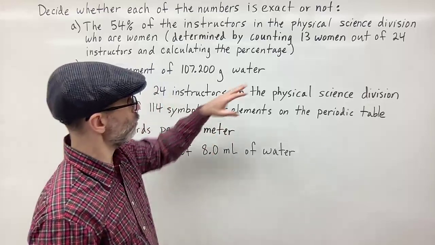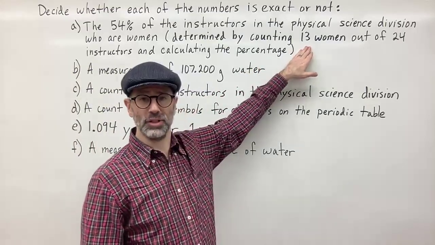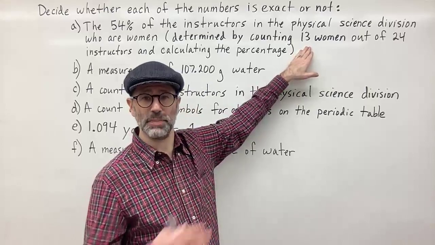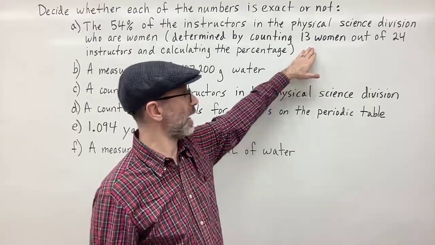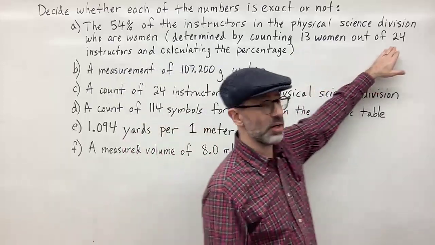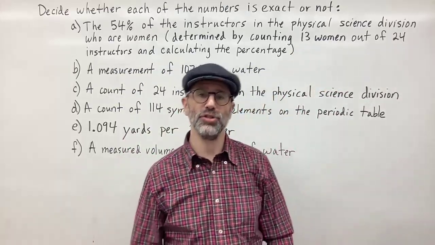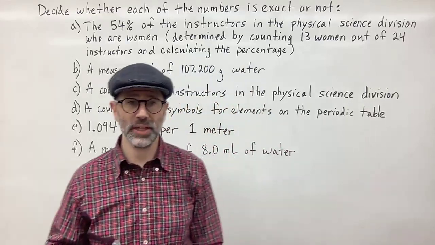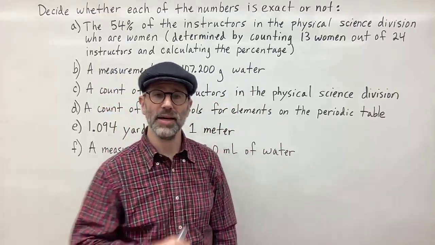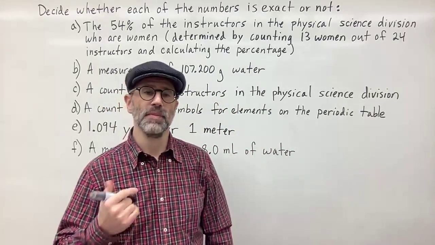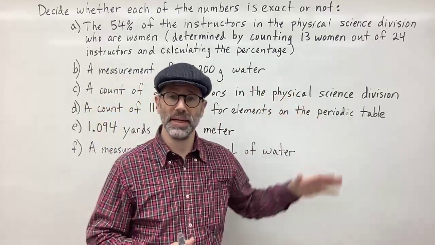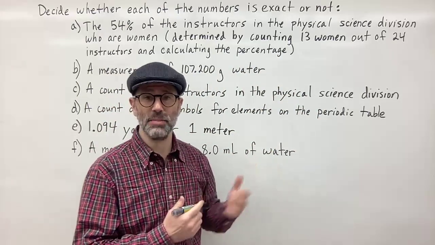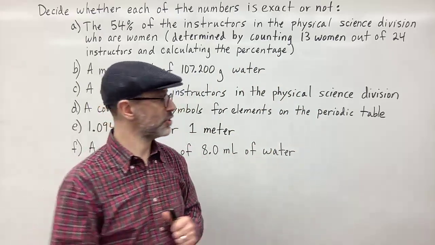Since we're counting the number of women, that's exact because there's no uncertainty, there's no measurement going on in there. And then same thing with the 24 instructors total. You do that by counting, and then you would divide, and then you would get a percentage. That percentage would be exact because you're using exact numbers to calculate the percentage.